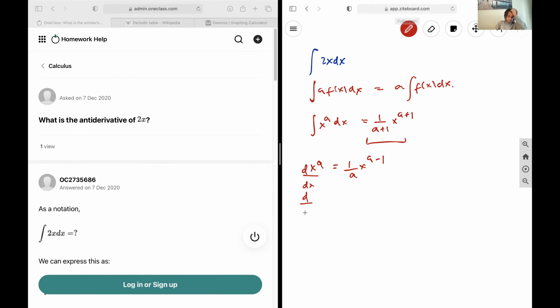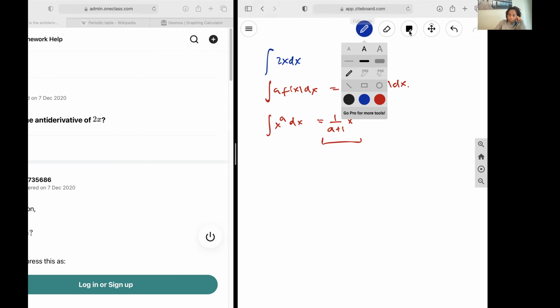So that just means that the derivative of x to the power of a plus 1 is going to give us 1 over a plus 1 times x to the power of a. So that's why we have this. Okay, and then I'm going to use that to simplify this problem a little bit.